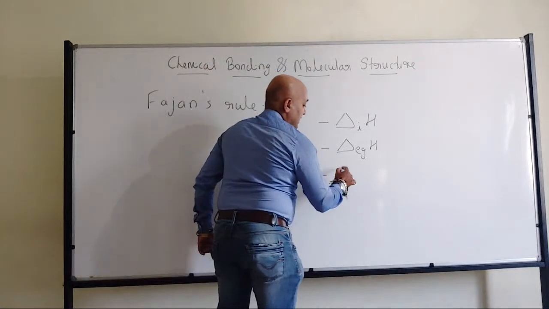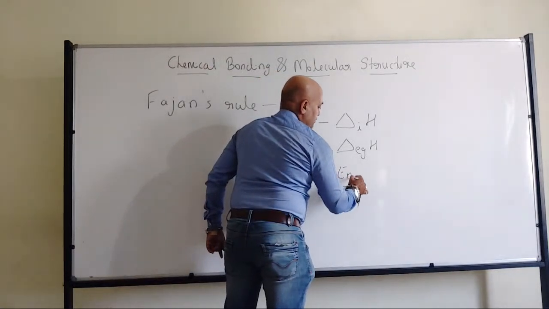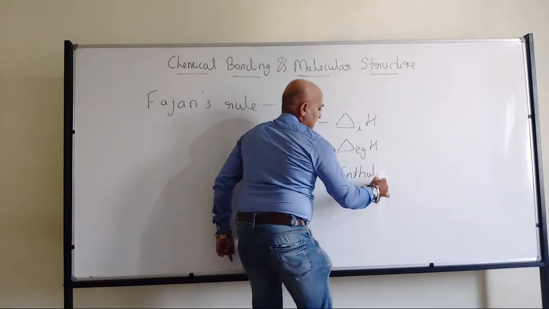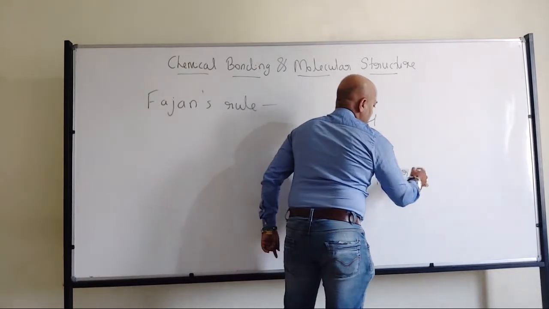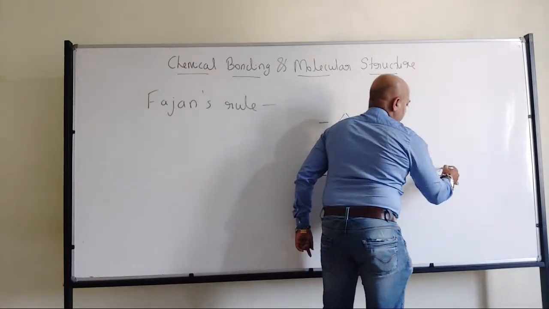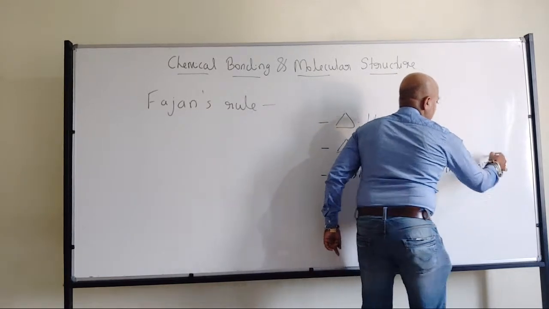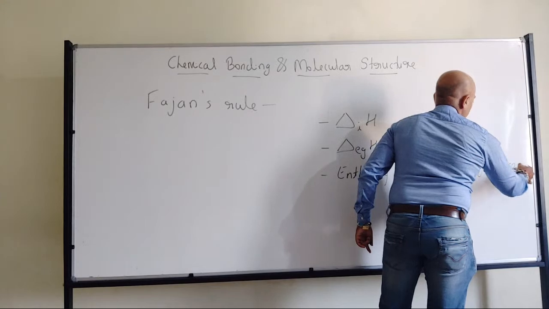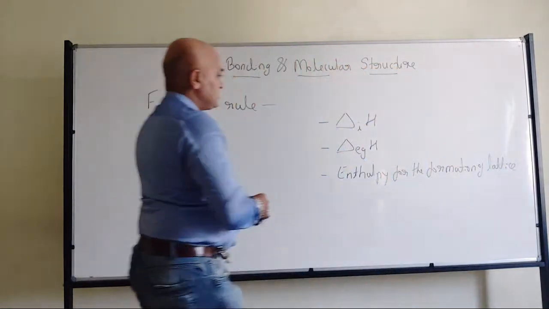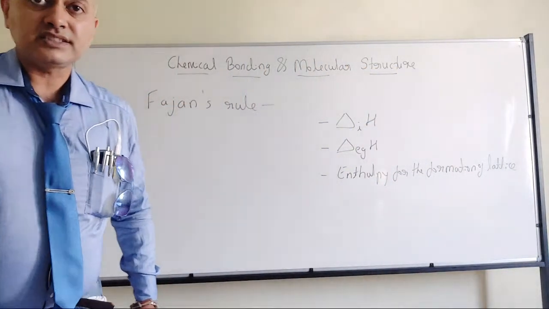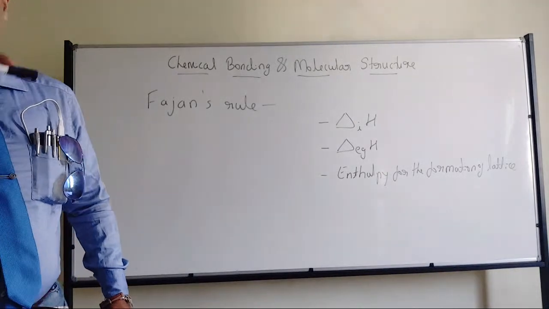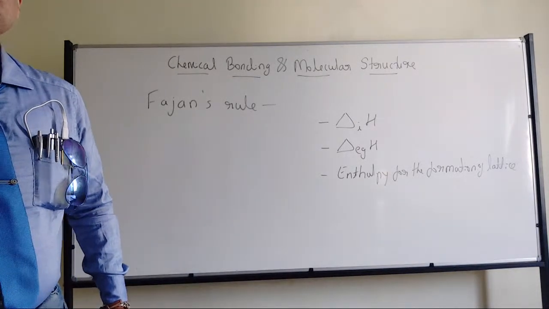Then we have the enthalpy for formation of lattice, that is to form the crystal structure. So these are the three major factors which decide the ionic compound stability.